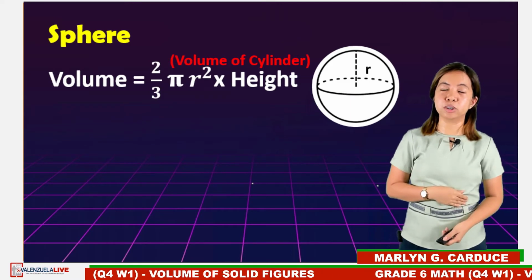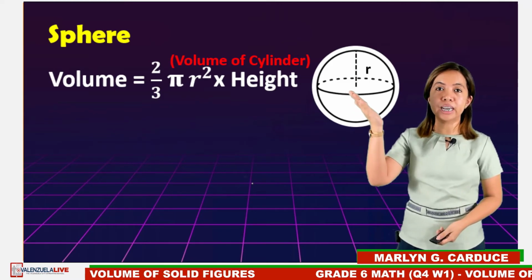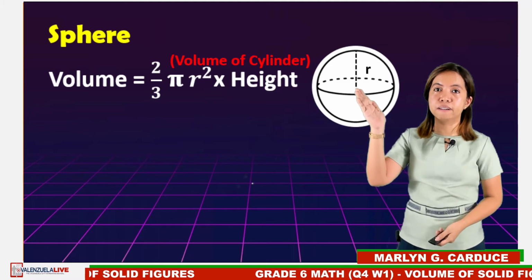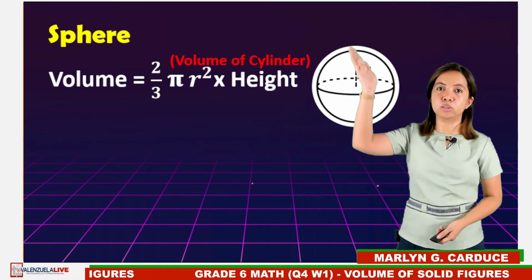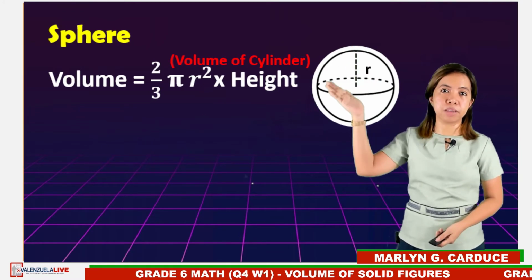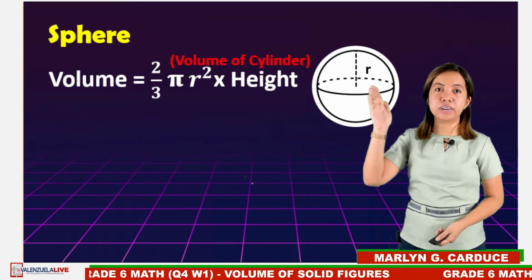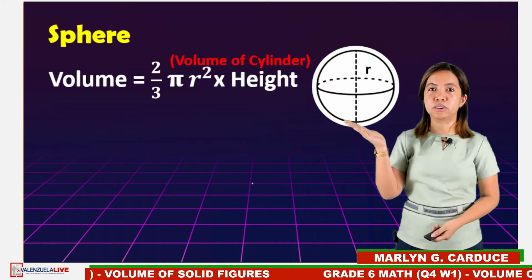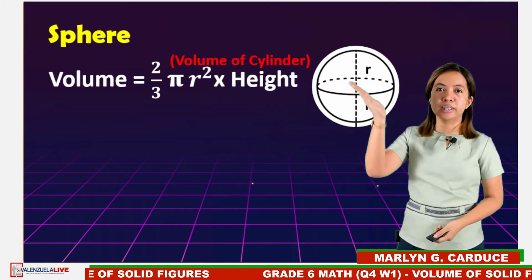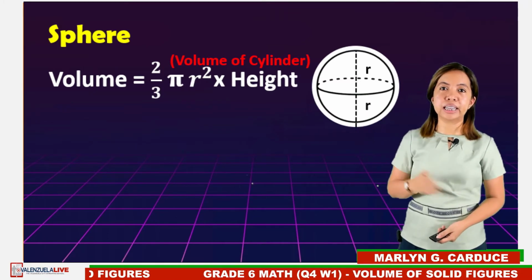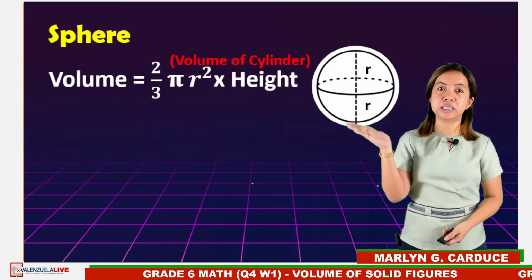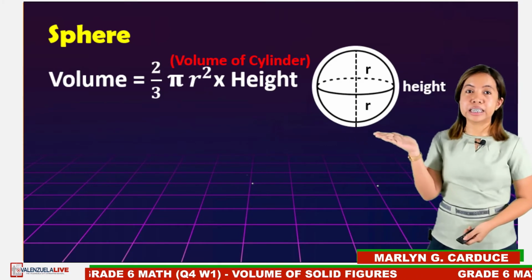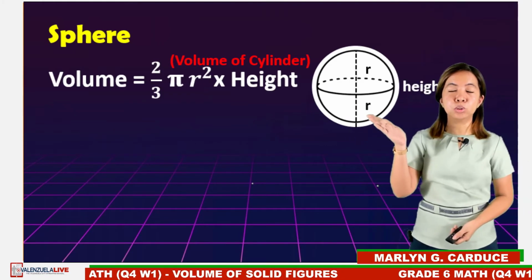We can also say that the distance from the center of the sphere to any point on the sphere is also a radius, right? And this one also. So we can now say that the height in the sphere is equal to 2 radii.